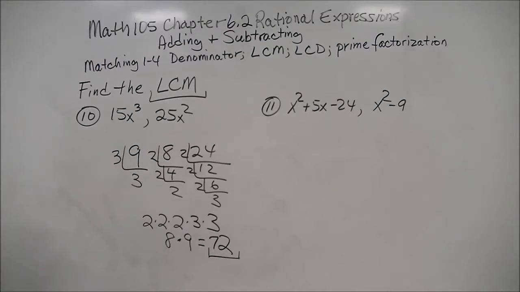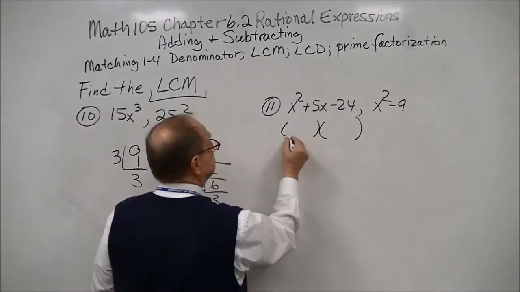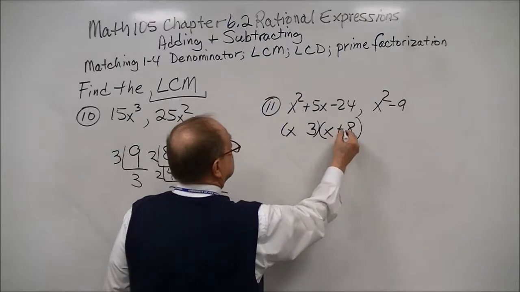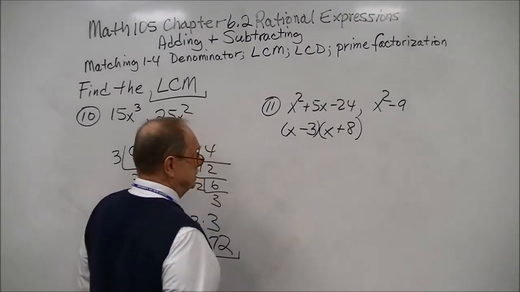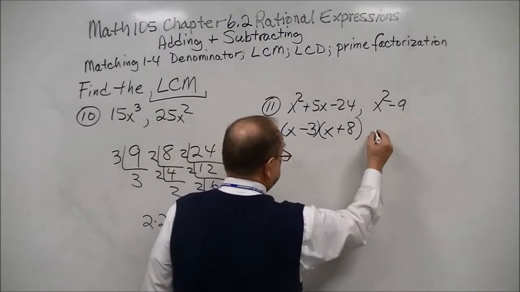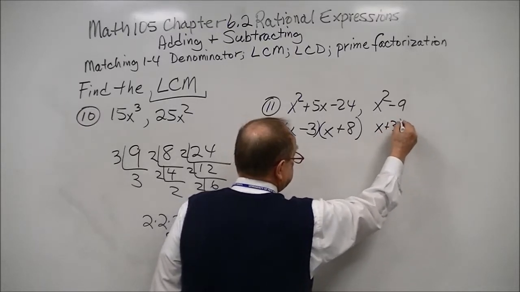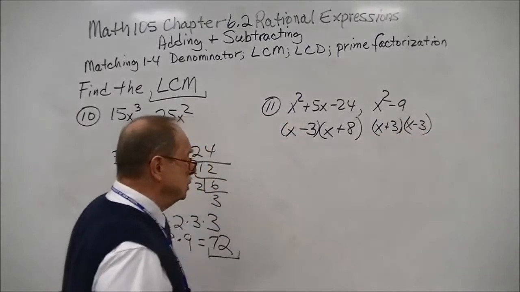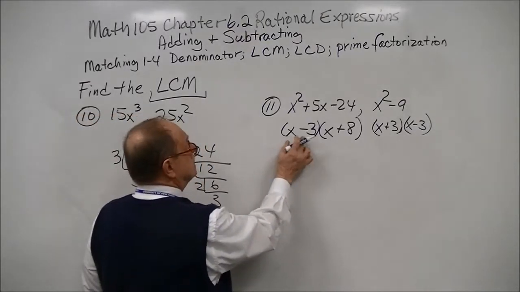Okay, for something like this, we have to find the factors of it. So for this one, we will factor it. The factorization of this trinomial is this. And here is the difference of perfect squares, which will factor into its conjugates. Now that same rule is used. What's the greatest number of times that this factor, x minus 3, is used?